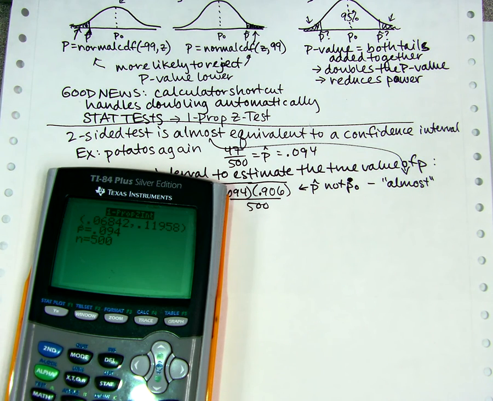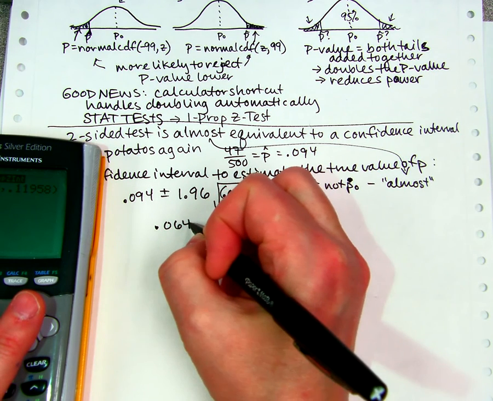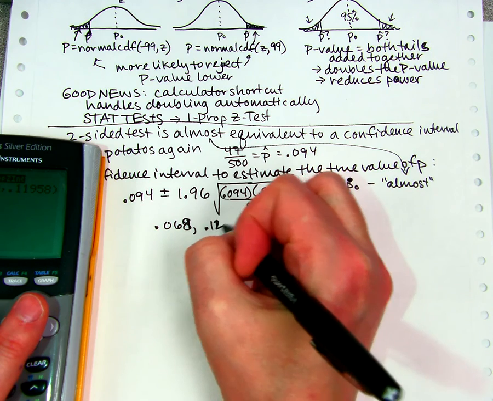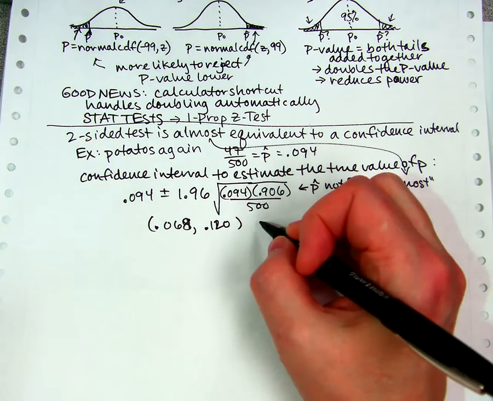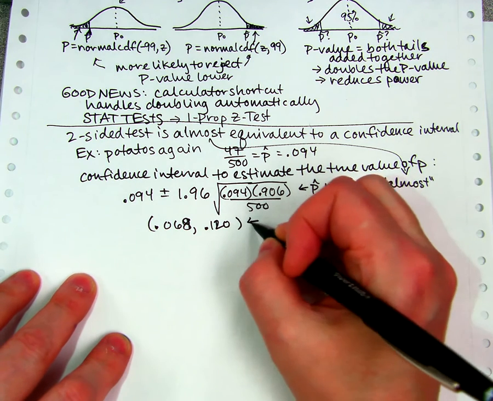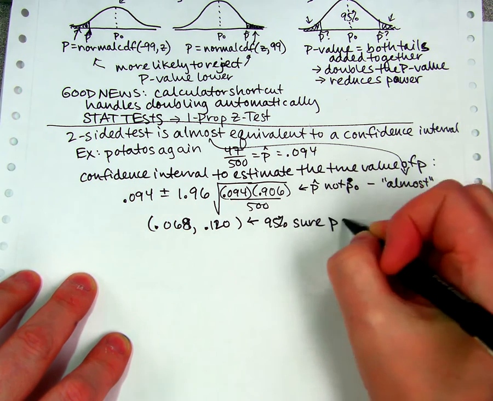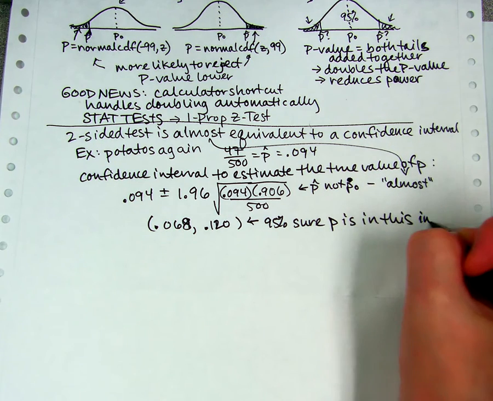So if I calculate that, I get 0.068 and 0.1195, which rounds up to 0.120. And the true proportion, we're pretty sure, is in there. 95% sure p is in this interval.